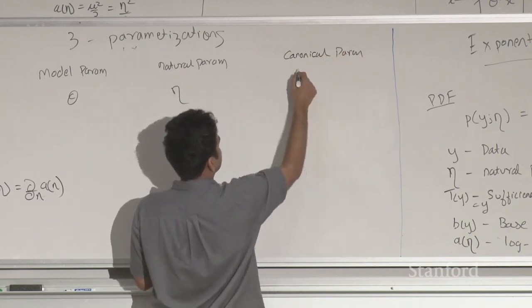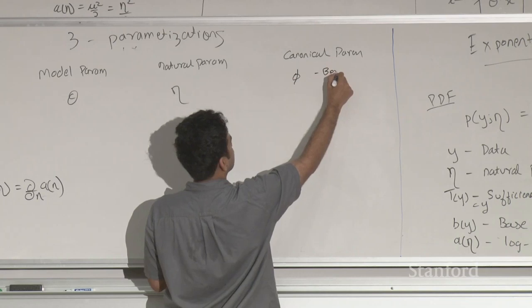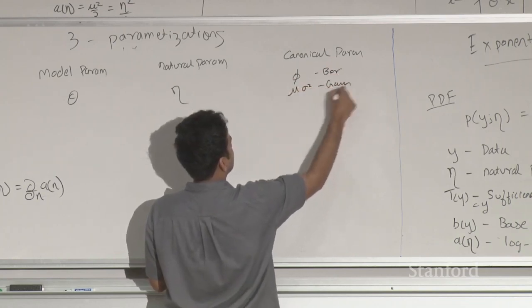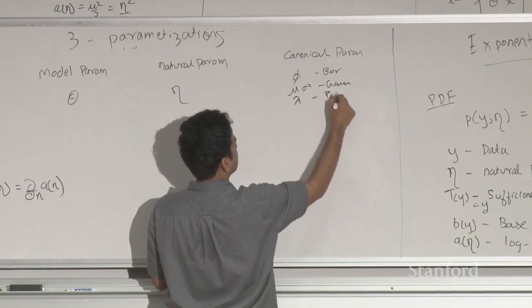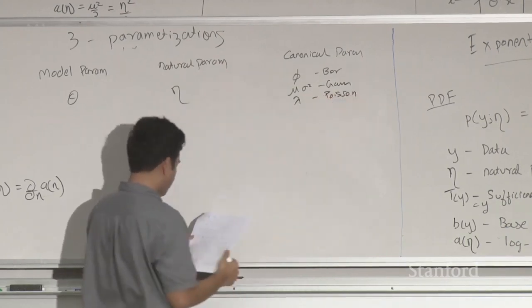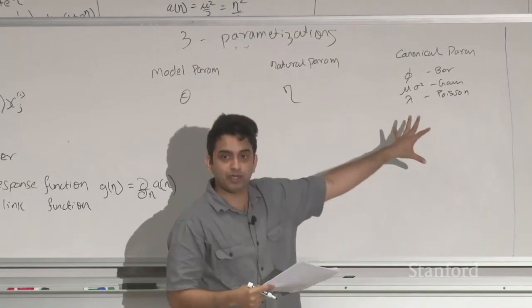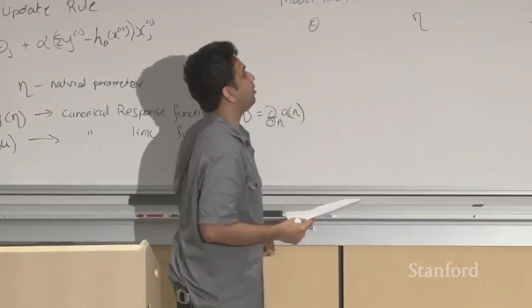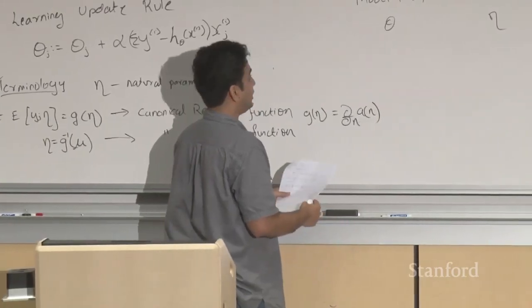And this is, say, phi for Bernoulli, mu and sigma square for Gaussian, lambda for Poisson. Right? So these are three different ways we can parameterize either the exponential family or the GLM.